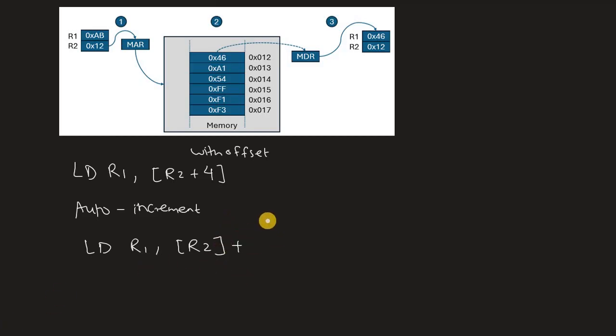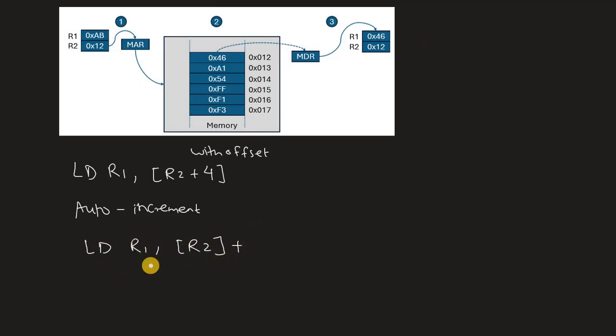You can also call it post increment. What you're basically doing is loading the contents of the address of R2, and then you're doing the increment. First you're loading the contents and then afterwards you're performing the addition.